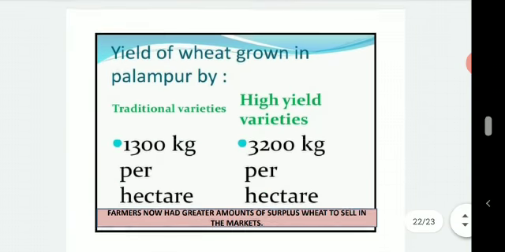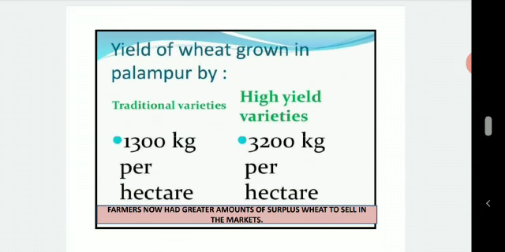Research also shows that wheat grown using the traditional variety of seeds produced only 1300 kg per hectare. But on the other hand, when the farmers used the high yield variety seeds, almost 3200 kg of wheat was produced.